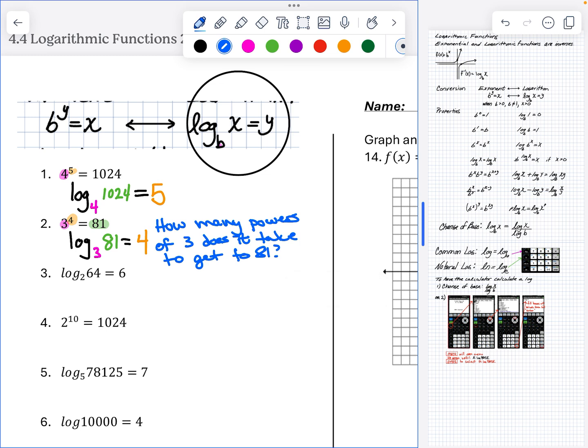Okay. The next problem, friends, gives you a logarithm. So it gives you a logarithm, so it's wanting you to convert it to an exponent. So if it wants you to convert it to an exponent, you need to start with the base. So you need to locate the base, and the base is this number right here.